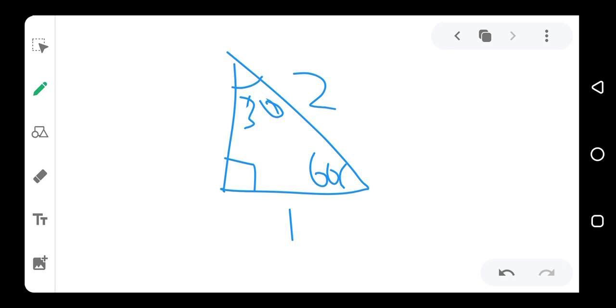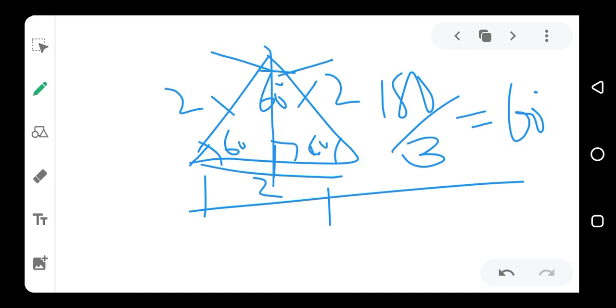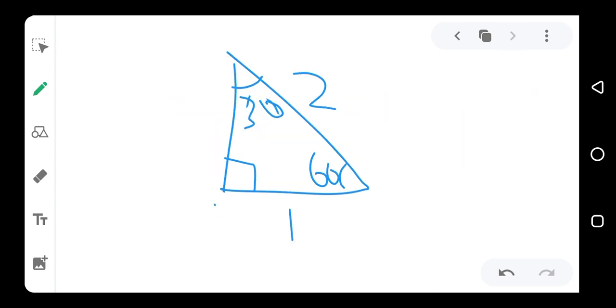Okay, so how do we now get this side? We don't know this side, that is this one, it is not 2. We have to find it out. So how to get it is, we can say, using Pythagoras theorem.